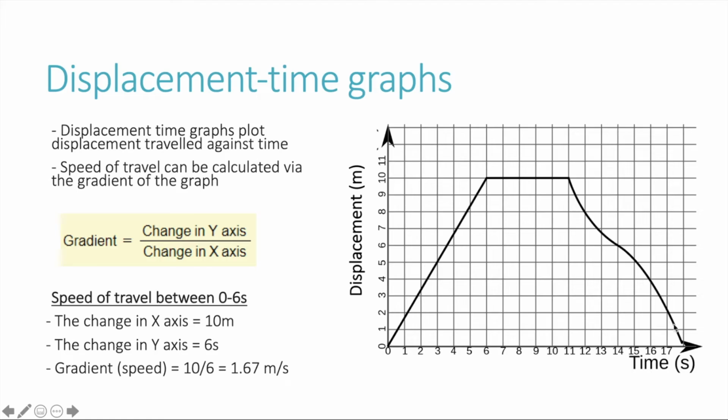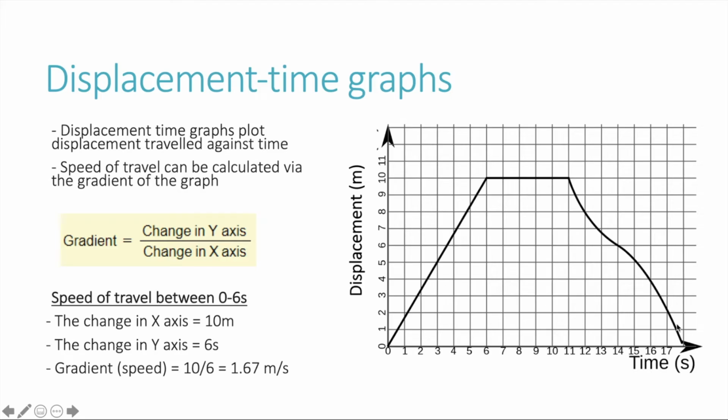What that means is the object is going back to its original position. Remember, because displacement starts to go downwards as you go closer to your original starting point. So you can see that the object is returning to where it had originally started from, and you can see that the line isn't a straight line.